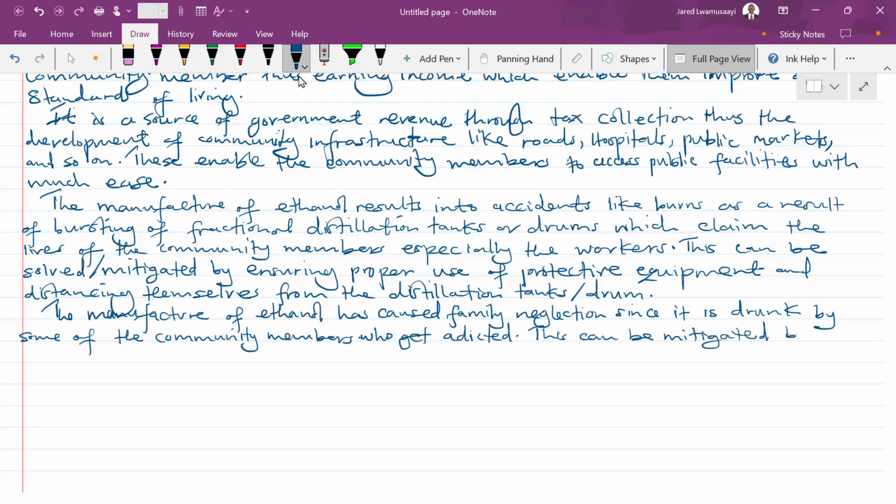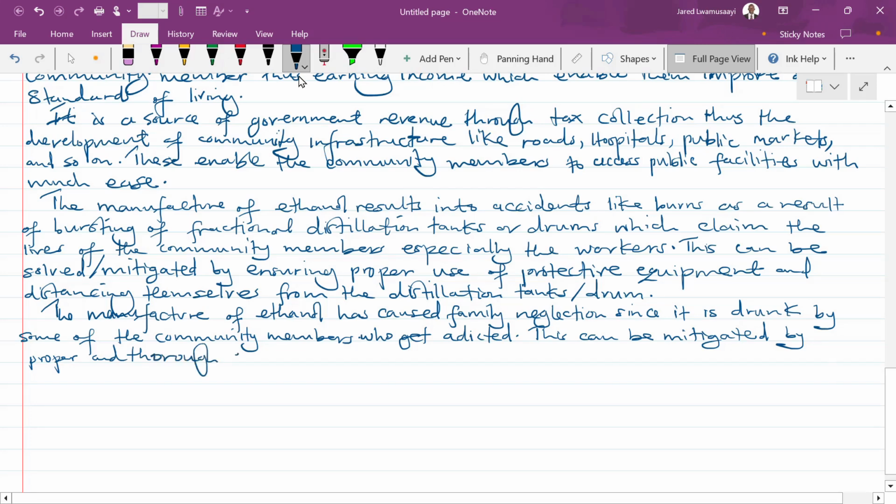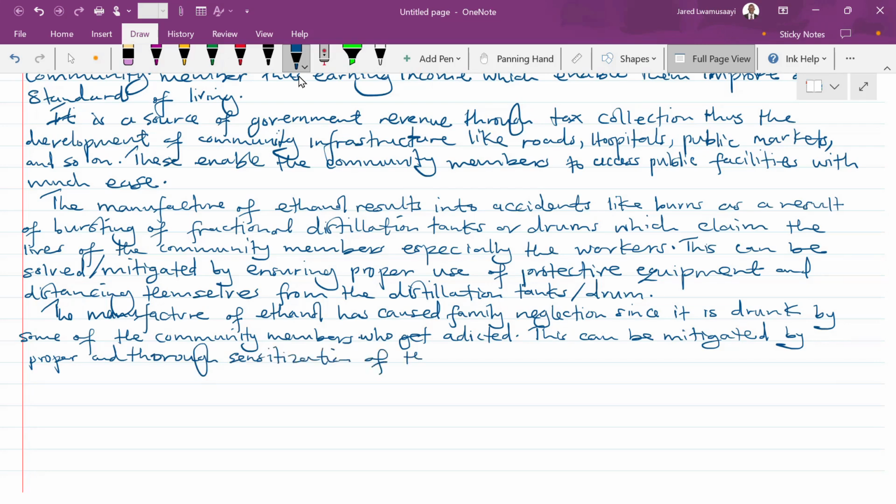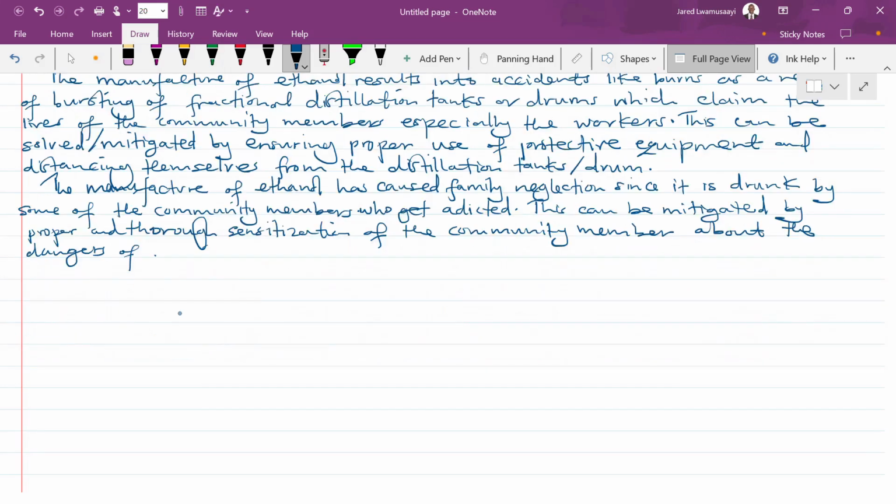This can be mitigated by proper and thorough sensitization of the community members on the dangers of excessive ethanol consumption.